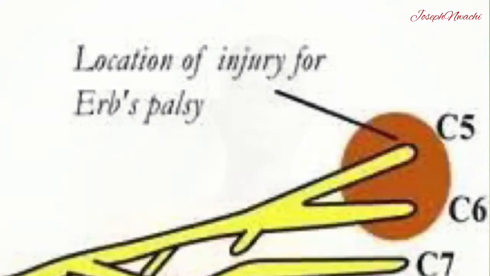The clinical manifestation of Erb's palsy will also be presented. These are the two basic clinical implications of damage to the axillary nerve.